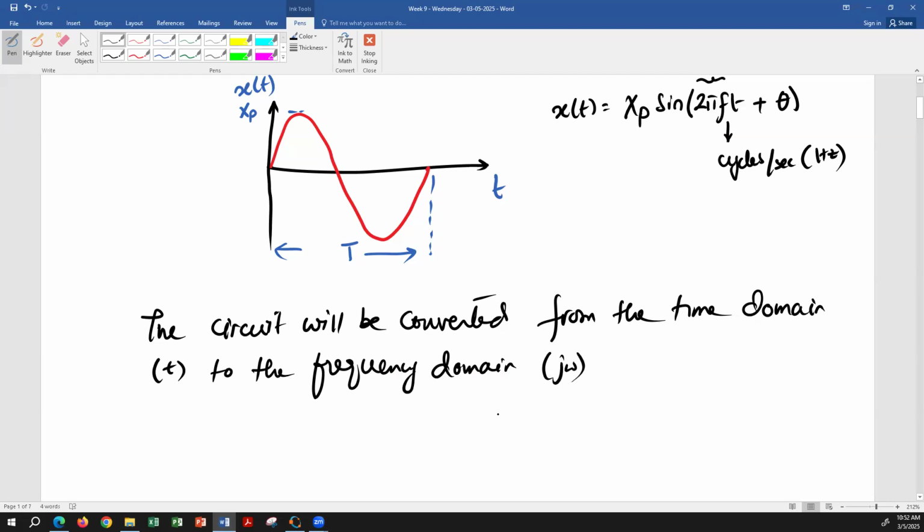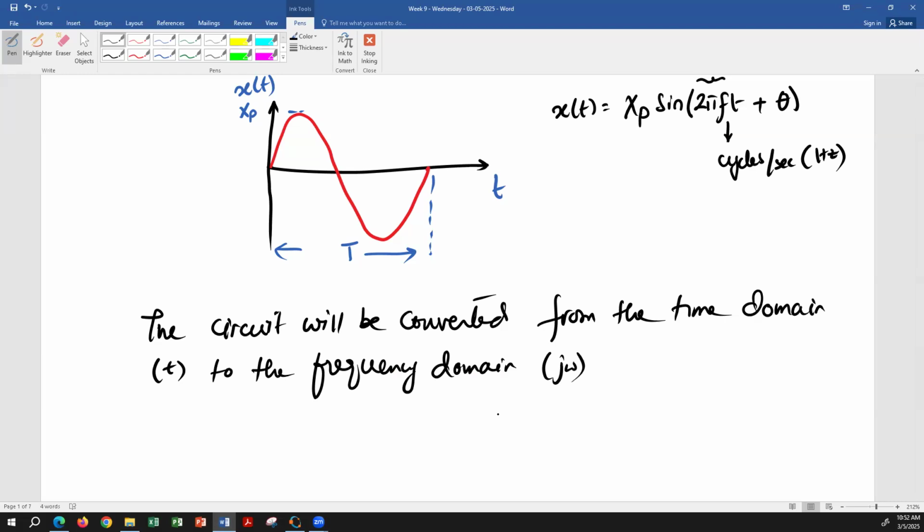And once you do this conversion, your circuit becomes linear in the complex domain. Linear means you can apply the same rules that you apply for DC circuits. The only difference is now you're dealing with complex numbers, right?